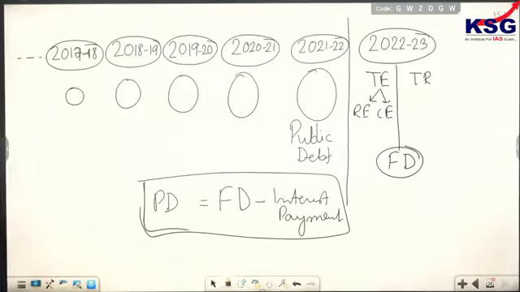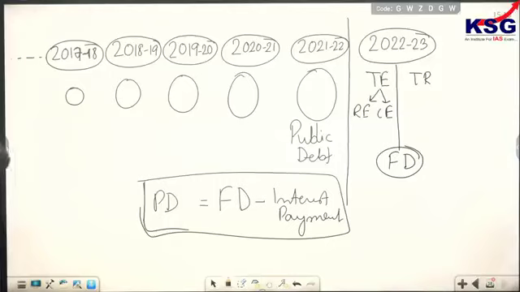Write, all of you, please write. Primary deficit: if you write in a few words, it is the difference between the fiscal deficit and the interest payments. Full stop.